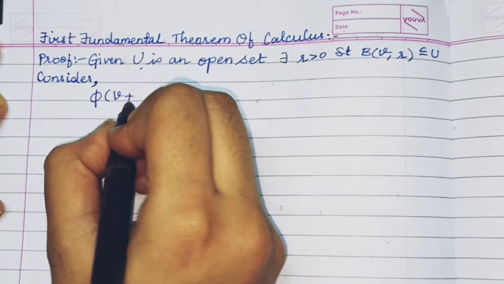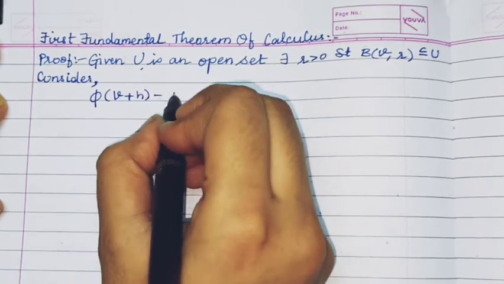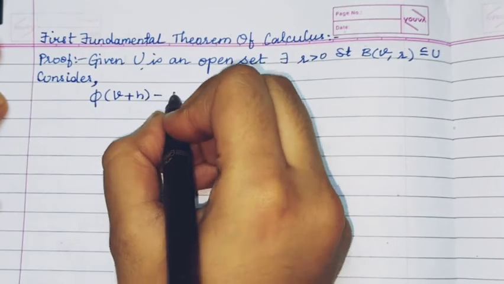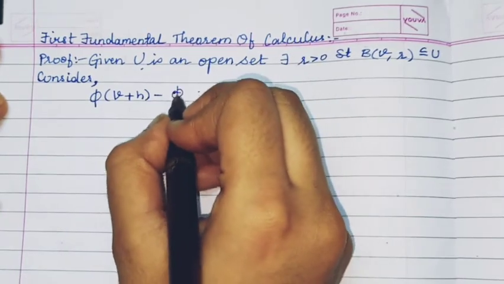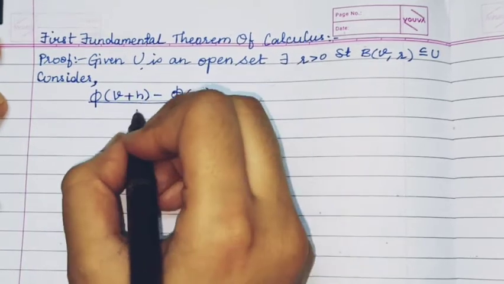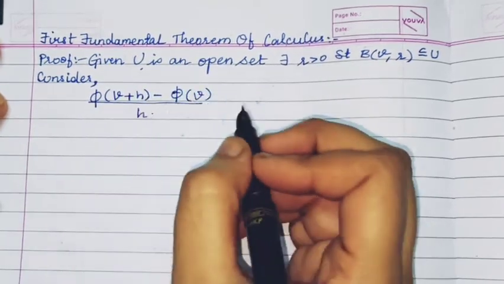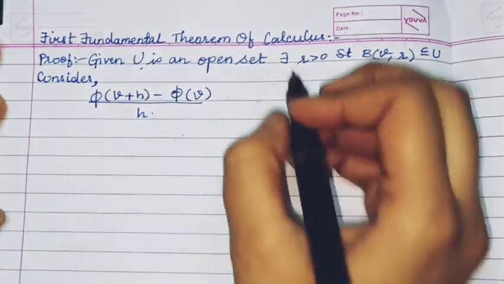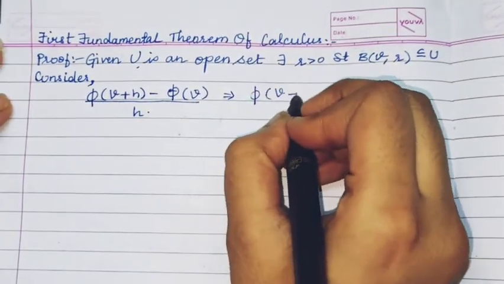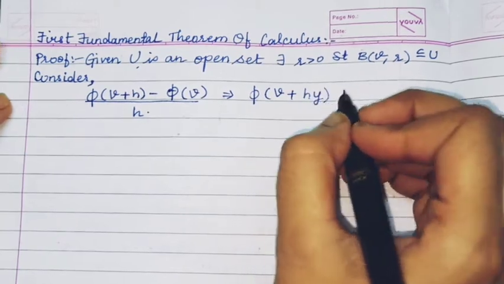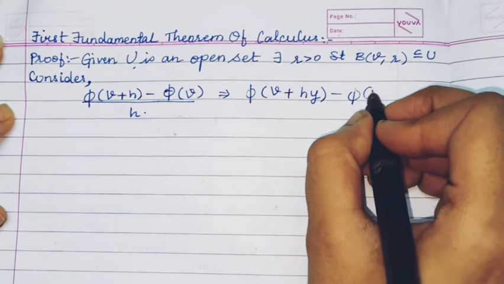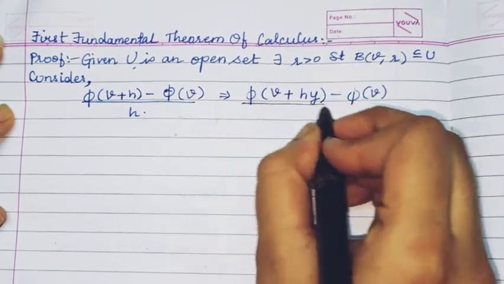Now consider phi of v plus h minus phi of v upon h. This is the basic formula which we will modify a little, writing phi of v plus hy minus phi of v upon h.